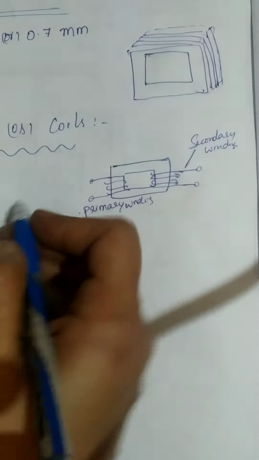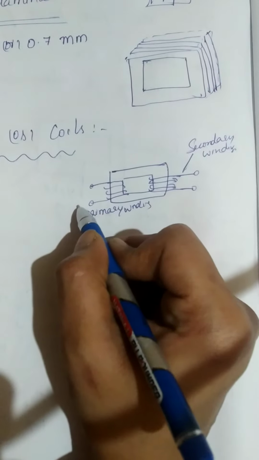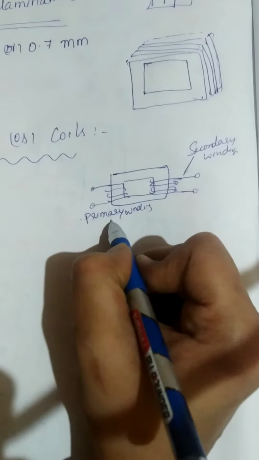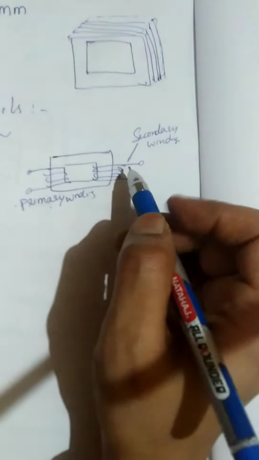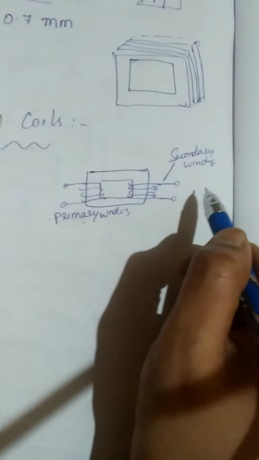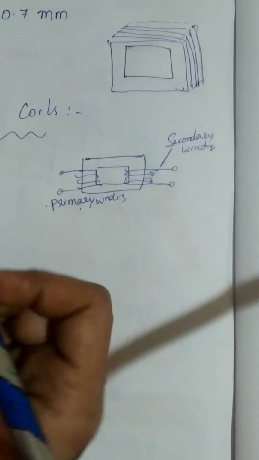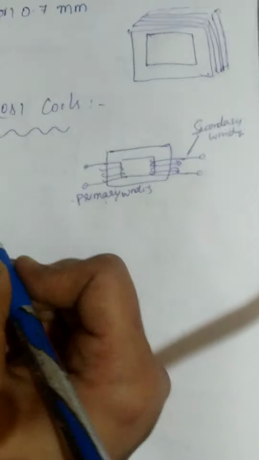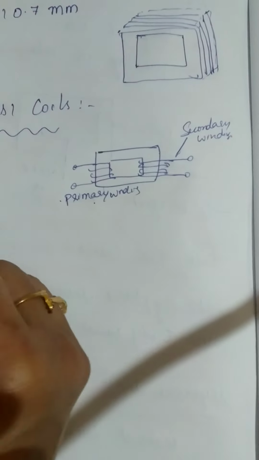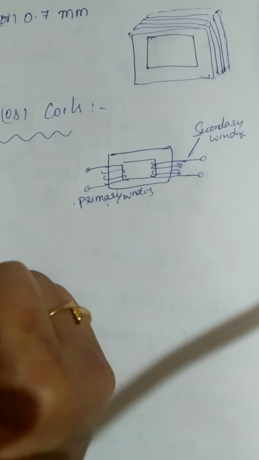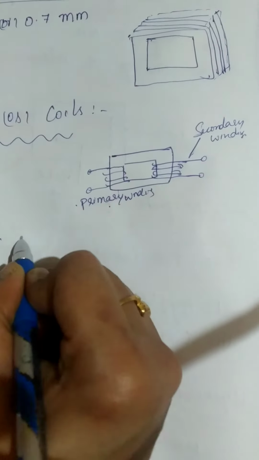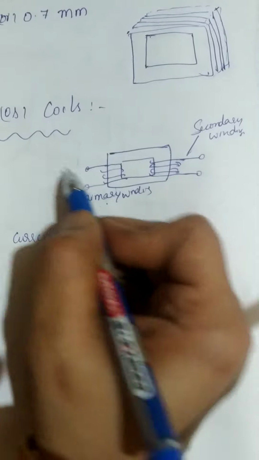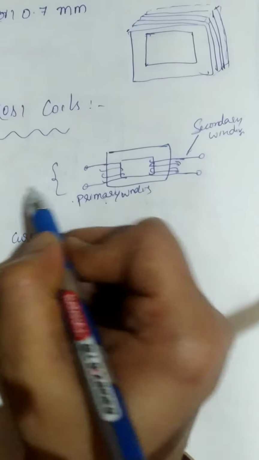Because we are going to give the power supply to this winding, it is called the primary winding. And the one which is connected to the load is the secondary winding. What is the job of these windings? Windings carry electric current. Here we are going to give AC supply.